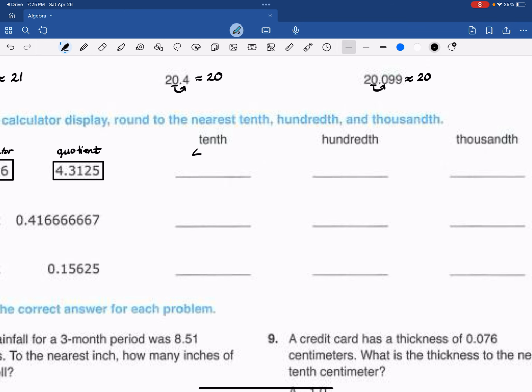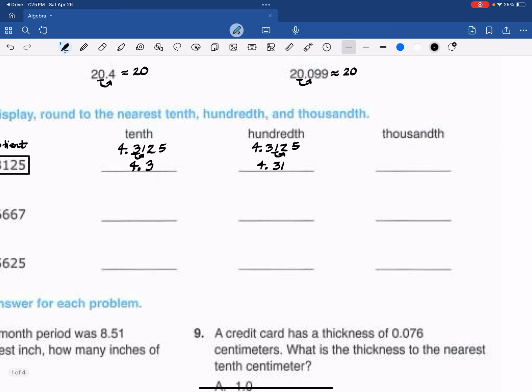So 4.3125 to the nearest tenth is about 4.3. 4.3125 to the nearest hundredth, that's 2 places, is 4.31. And 4.3125 to the nearest thousandth is 4.313.